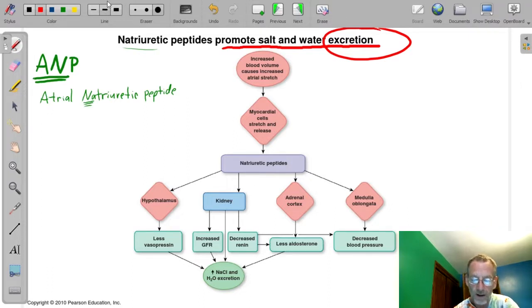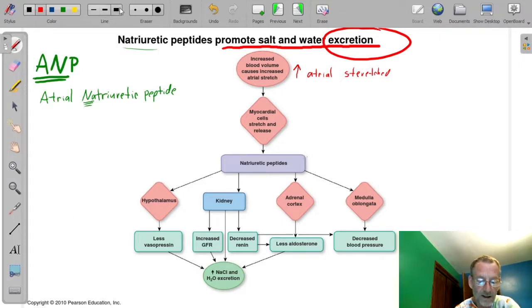To start, increased blood volume at the top causes increased atrial stretch. We've already talked about that. We did that back in the cardiovascular system. Those atrial cells, when they are stretched, release ANP.